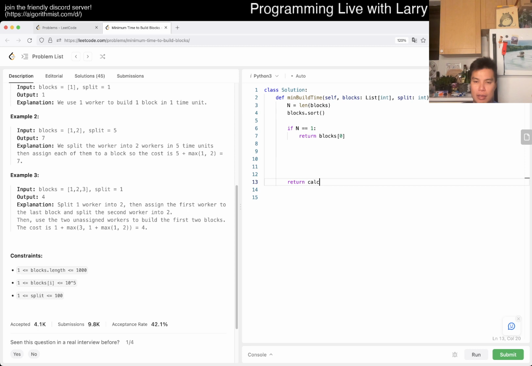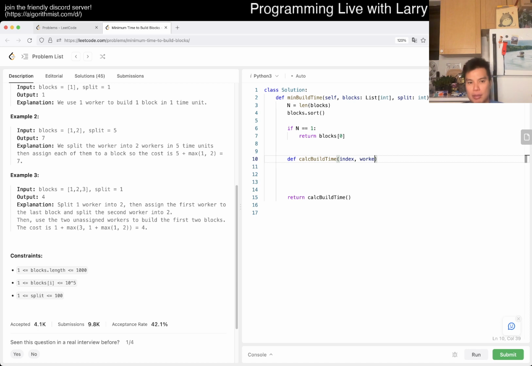Let's call it calc build time, and then basically you have blocks left, so that's the index, and let's define a function. So now you have the index, and then maybe the number of workers.